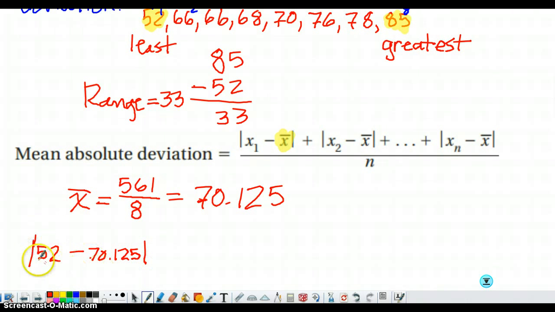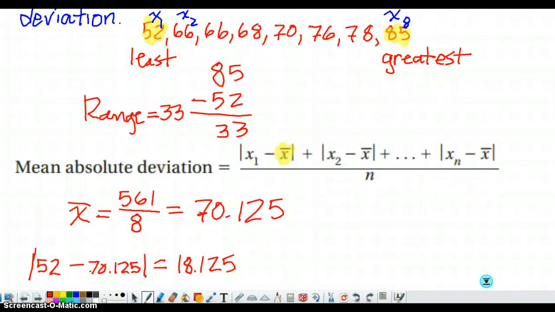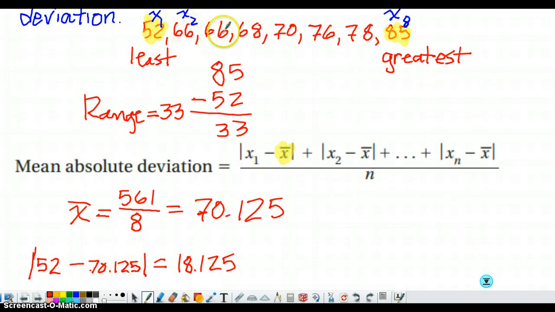Now, one thing you might notice is that 70.125 is bigger than 52. That's the whole purpose of the absolute value bracket. So I'm going to calculate that value, and what I got was negative 18.125. When I take the absolute value, that's 18.125. So I'm going to repeat that for the remaining 7 values.